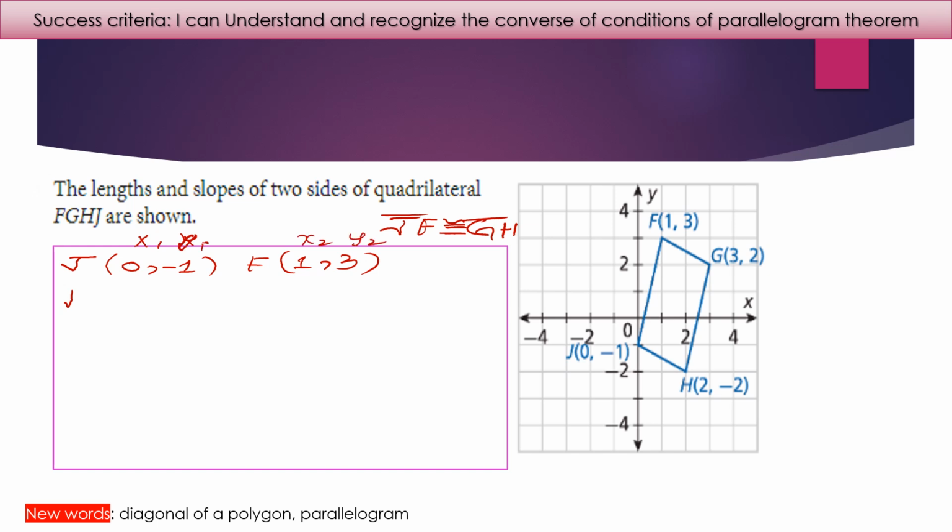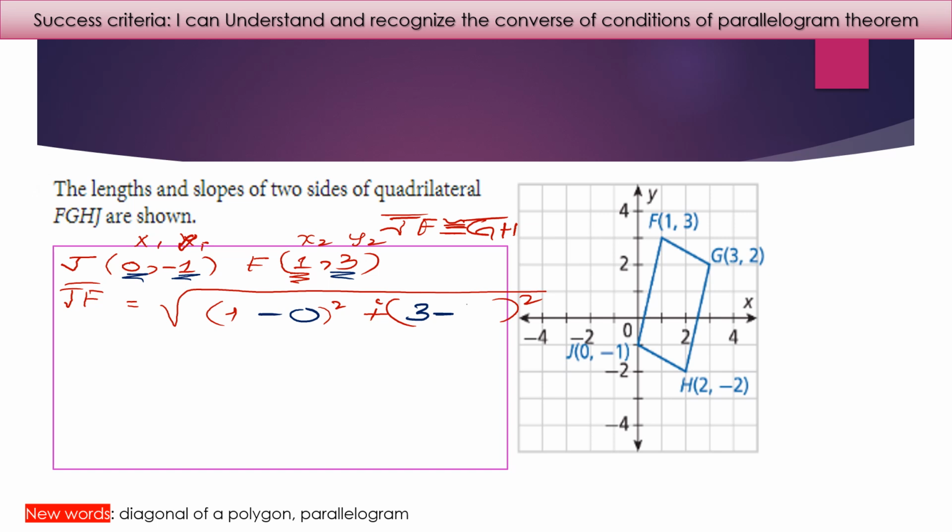Now let's find the JF by using the distance formula, which is x2 minus x1 whole square plus y2 minus y1 whole square. So what is my x2? My x2 is 1. What is my x1? It is 0. Then my y2 is 3 minus, and my y1 is negative 1.